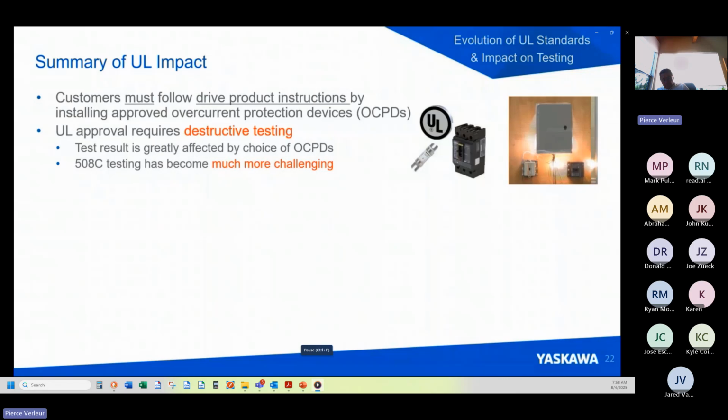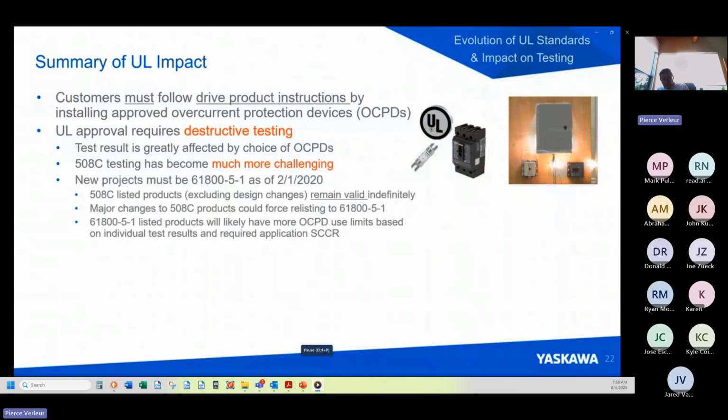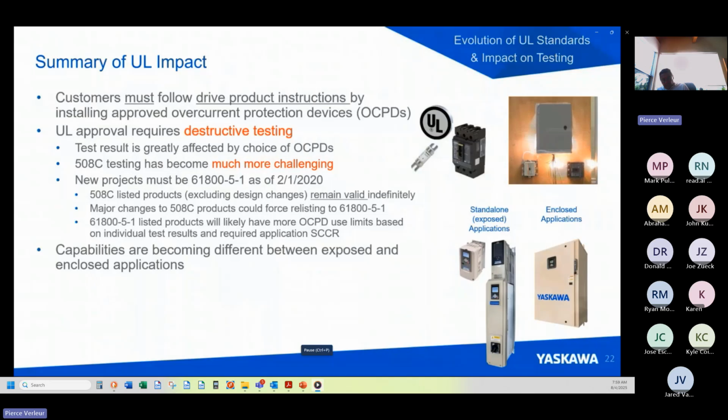Again, 508C has become much more challenging. New projects have to use the new standard going forward. And then capabilities are becoming different between exposed and enclosed applications. So this again is just a summary of what we just discussed with regards to the UL standards.